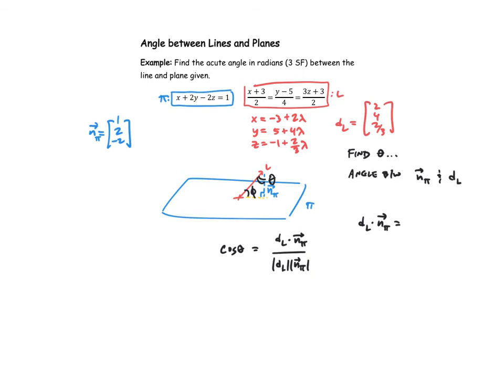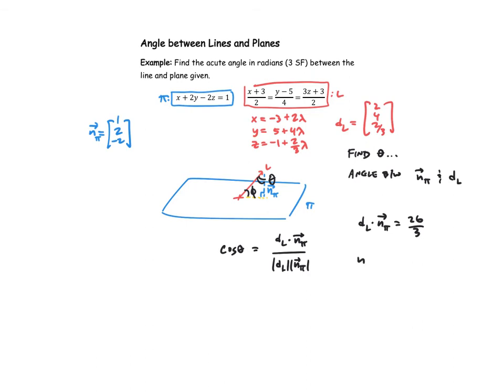That's going to be 1 times 2 plus 2 times 4 plus -2 times 2/3. That actually comes out to be, you can check the math on this, 26/3. Check me on that, make sure I'm right.